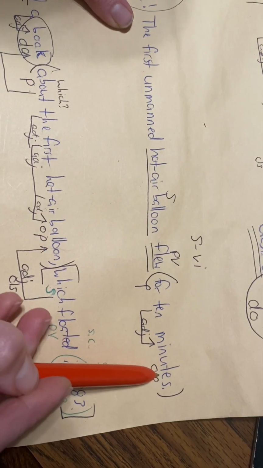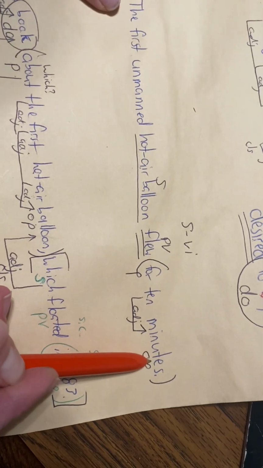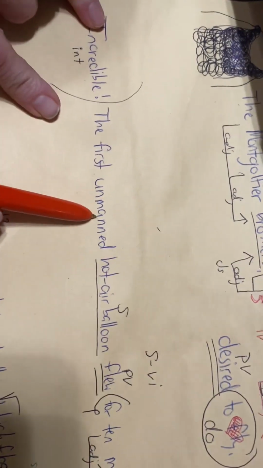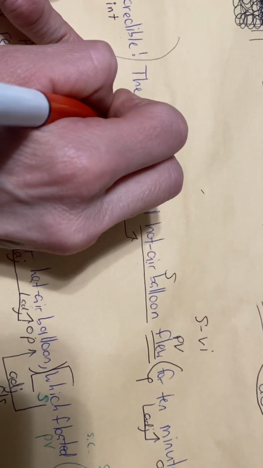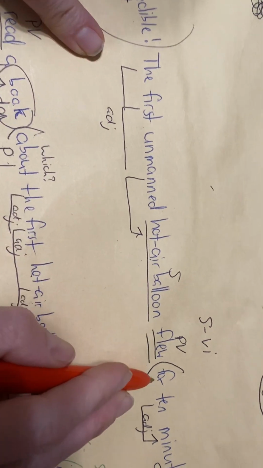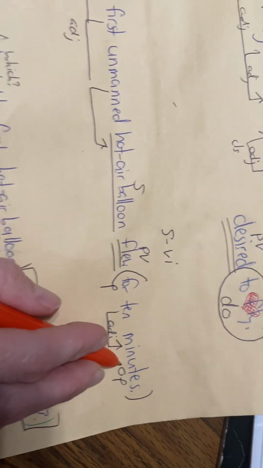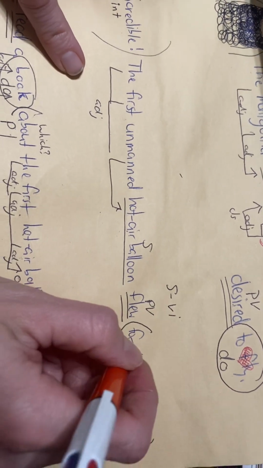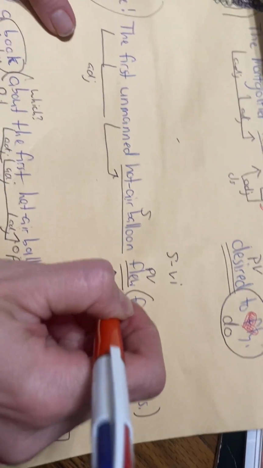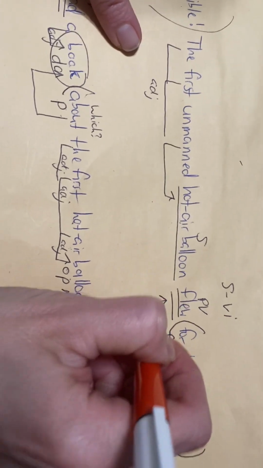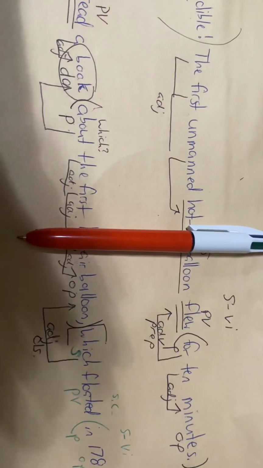It has a prepositional phrase. It looks long and complicated, but it's not. This is just a prepositional phrase. And over here, these are all adjectives, okay? How long did it fly? For 10 minutes is answering what? How long it flew. So this is modifying our verb, which means it's an adverbial prepositional phrase, okay? Now I'm going to take you over to the diagramming.